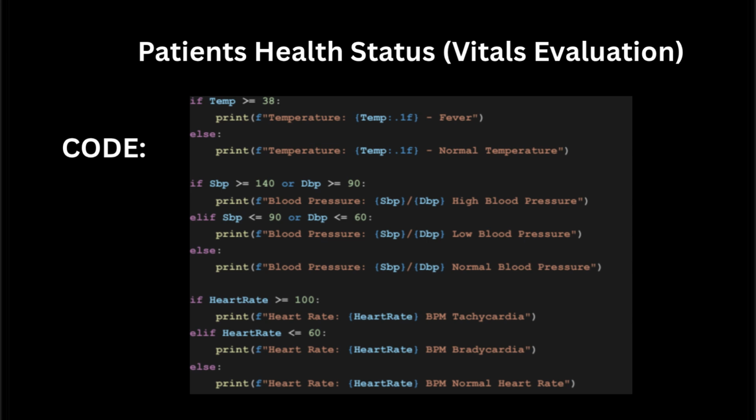It checks the SBP and DBP variables to see if the patient has high or low blood pressure. And it checks the heart rate to see if it's too fast, which is tachycardia, or if it's too slow, which is bradycardia.